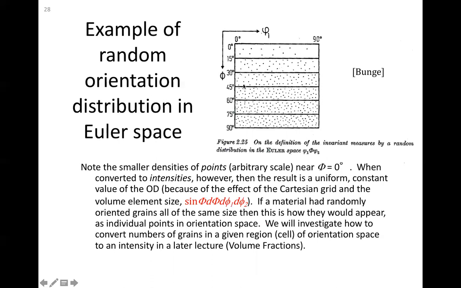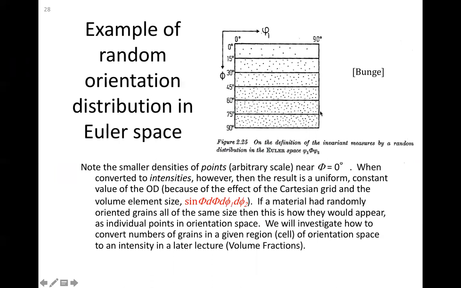the density of points that you get if you do this for a perfectly random distribution. As phi goes to 0, your crystals will be much less densely packed than as phi goes to 90. And this is because of that invariant measure on the 3D surface that defines our 4D hypersphere. So the derivatives with orientations have this sine phi term in there, right?